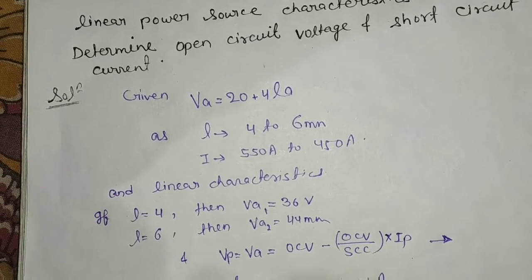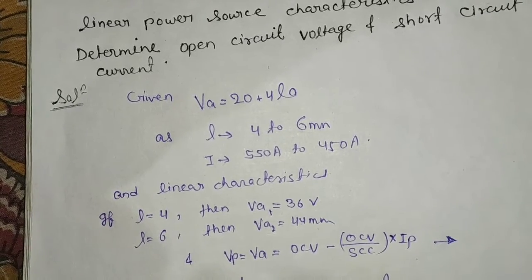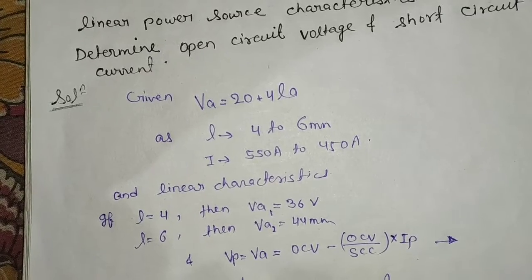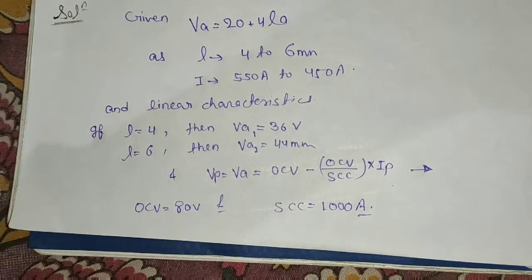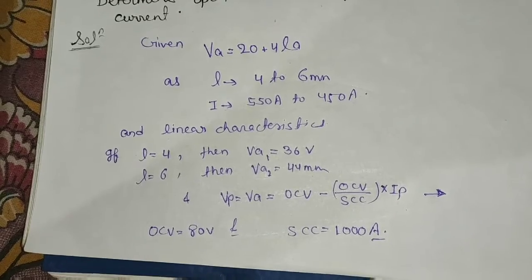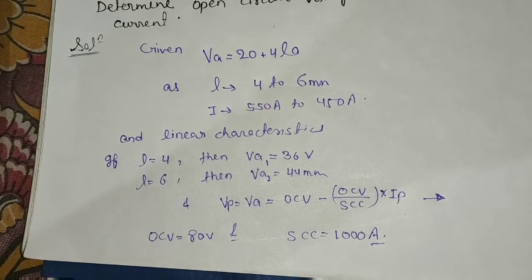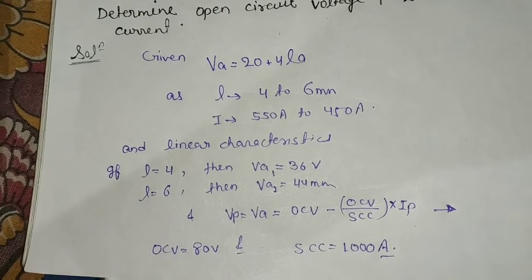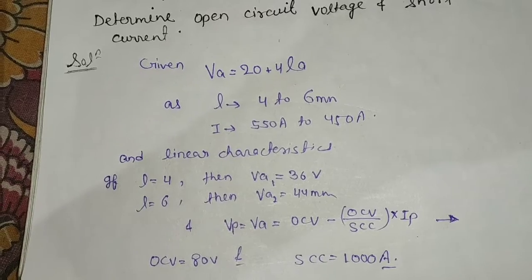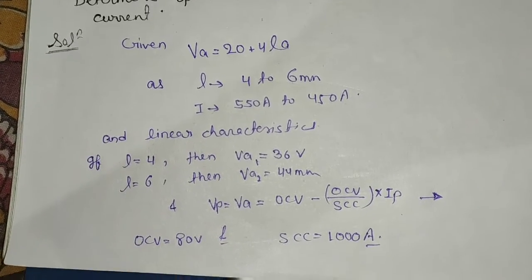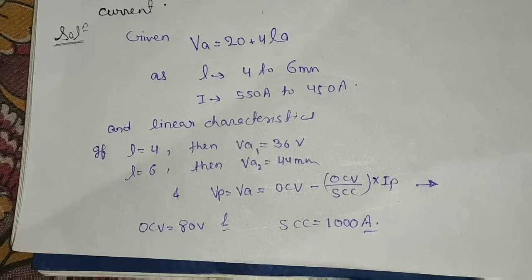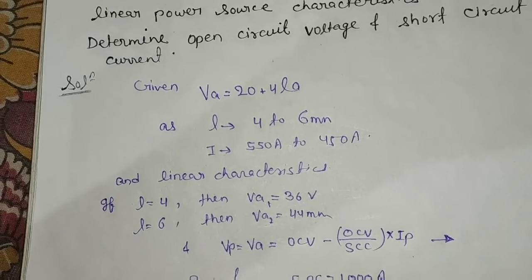Given Va is equal to 20 plus 4L, L varies from 4 to 6 mm, I varies from 550 to 450, and it is also given linear characteristic. So if L is equal to 4, we find Va1 from the equation, and if L is equal to 6, we find Va2. It is given linear characteristic, then we know that Va is equal to Vp, it means arc voltage will be equal to Vp, the power source voltage. Now we know the formula, and we have to find open circuit voltage and short circuit current.